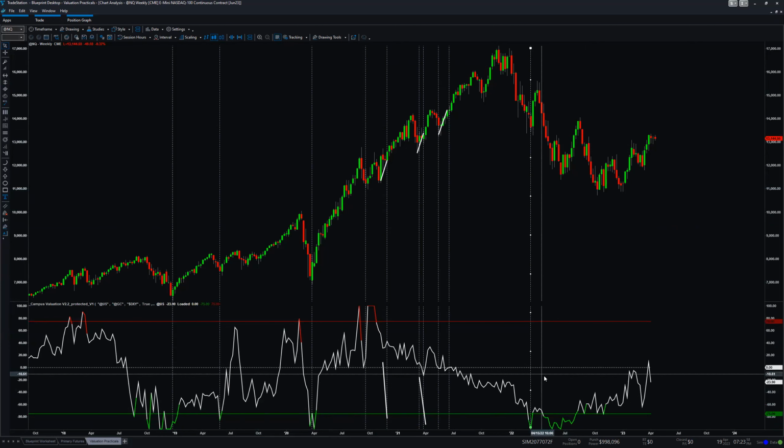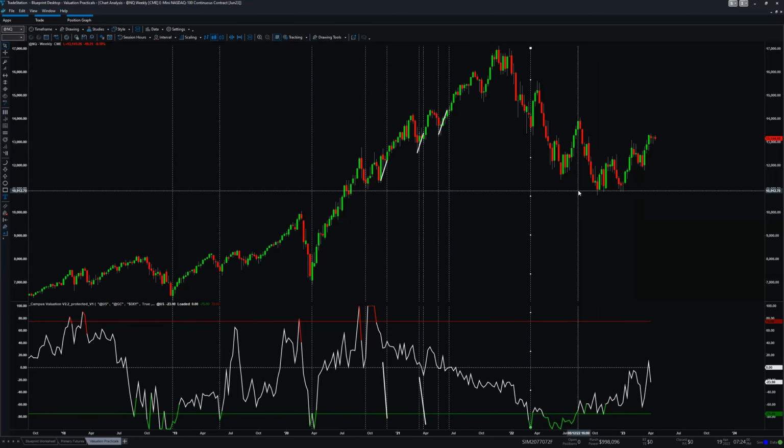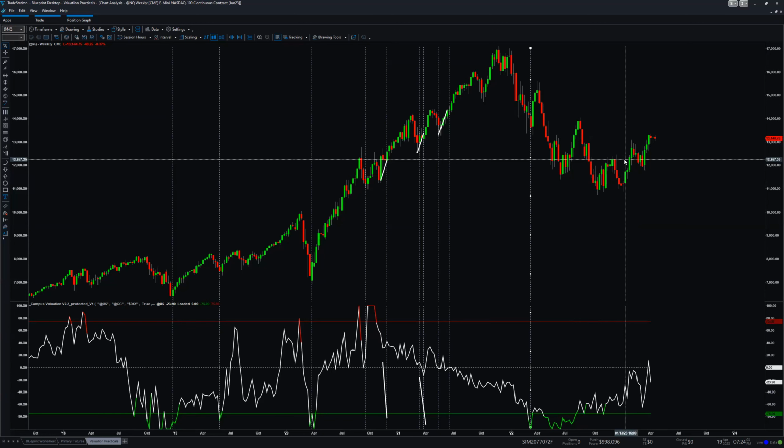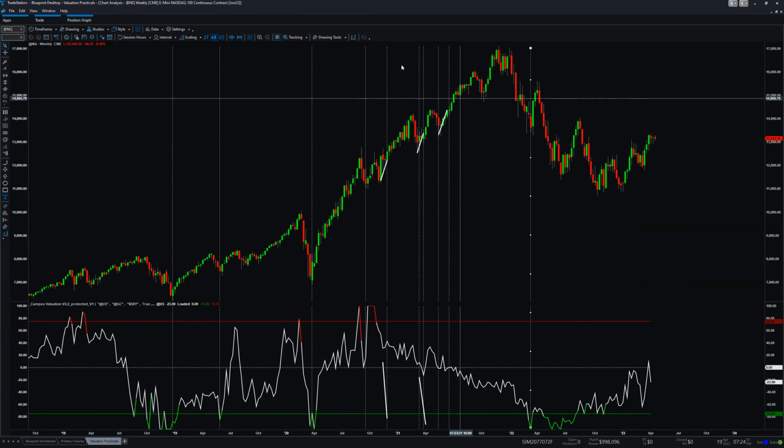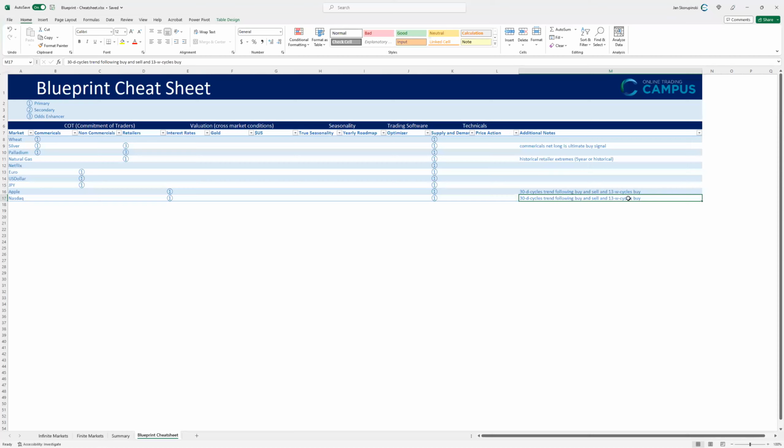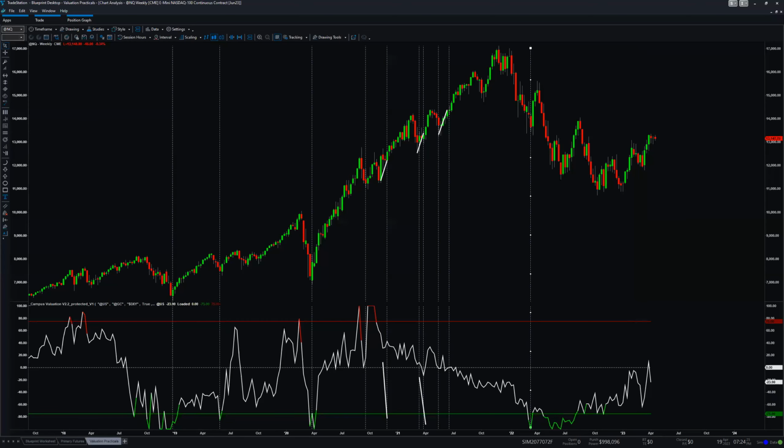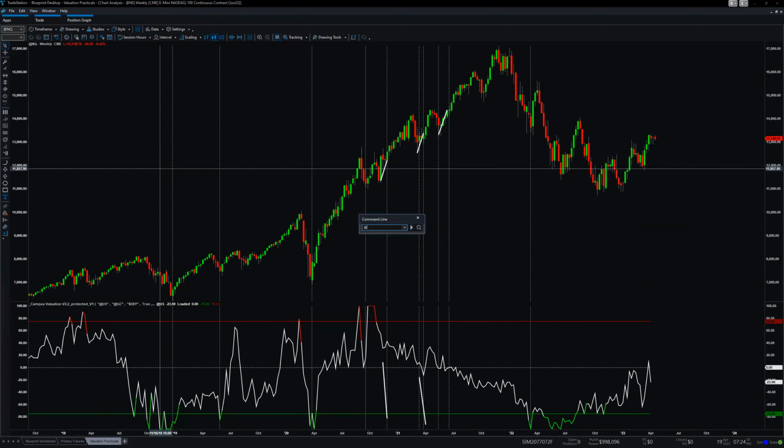And then here it worked for a little bit, and eventually it worked here as well, but it took a lot of time to really play out. So you could say that for the Nasdaq, you can still look at this, but it doesn't work as great as it did for Apple itself. Again, all markets are going to be slightly different. Not all markets are going to be the same in how they will set up.